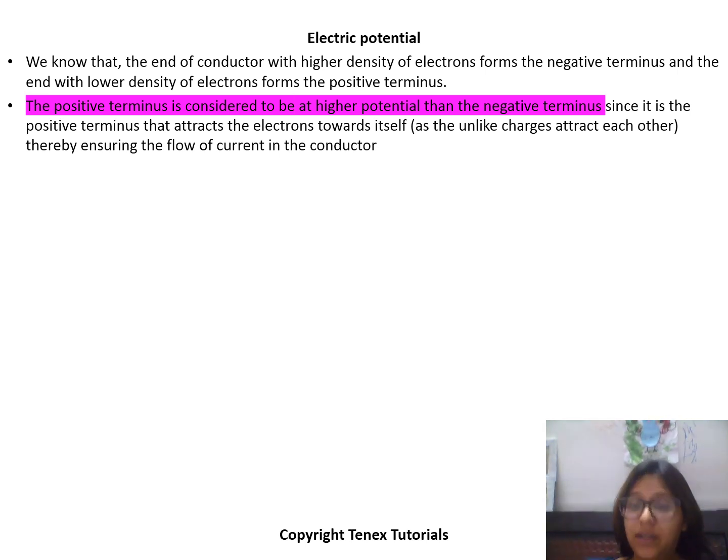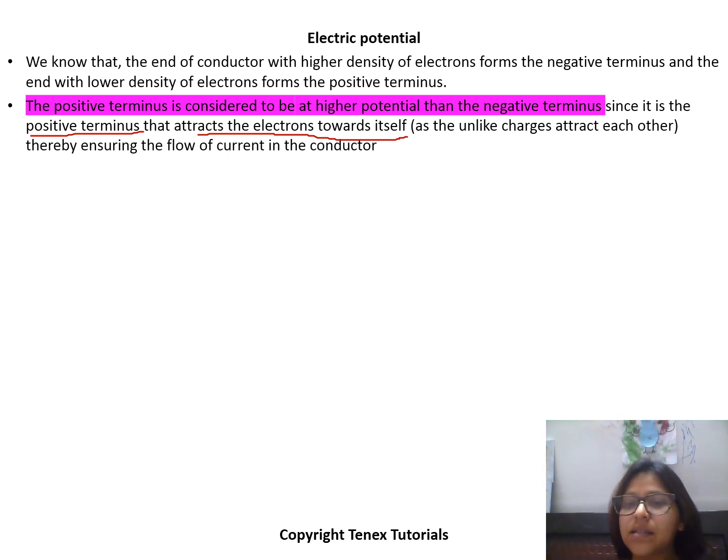However, there is another very important reason why the positive terminus of the battery or the cell is considered to be at the higher potential. The reason is that it is the positive terminus that actually attracts the electrons towards itself. So it is the positive terminus which is creating a force of attraction for the electrons to be drawn towards itself.